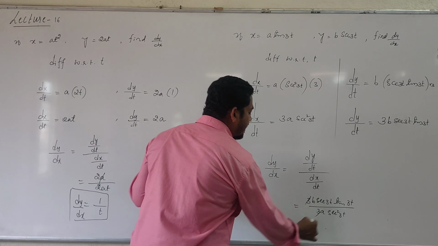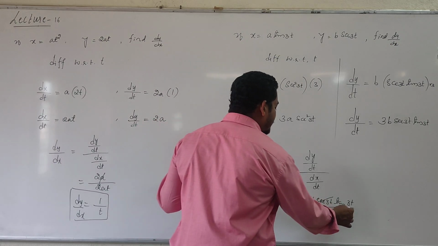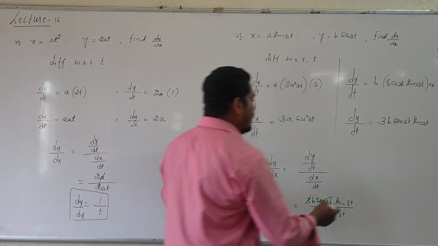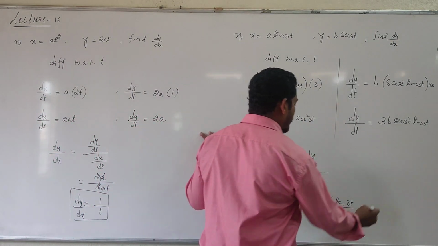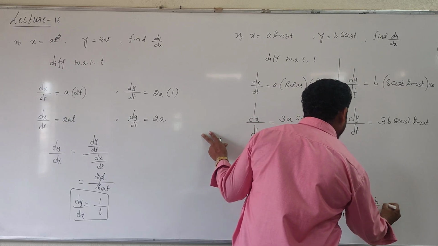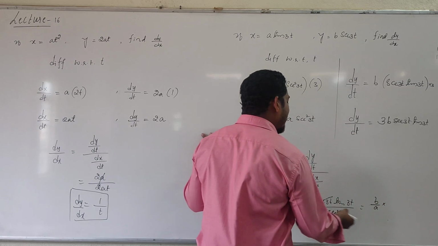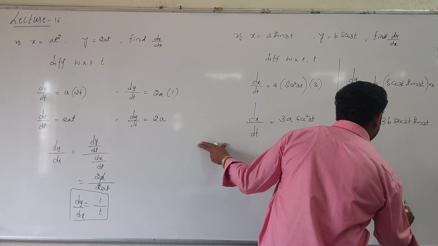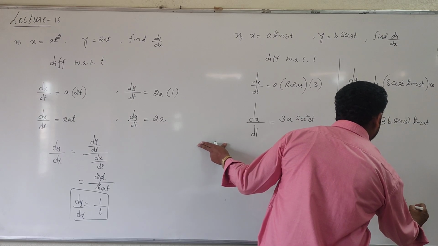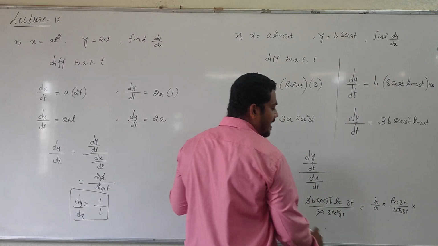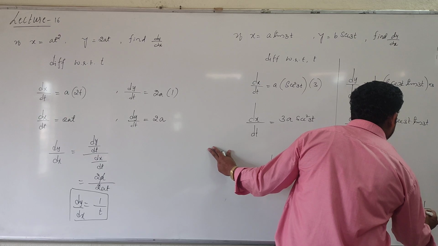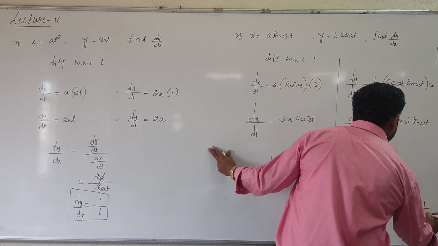Now 3 gets cancelled, one of the secant 3t will be cancelled. Then what will be the remaining expression? b divided by a as it is, into tan 3t which gives sin 3t divided by cos 3t, and in the denominator secant 3t is there, one of the secant 3t will be cancelled.